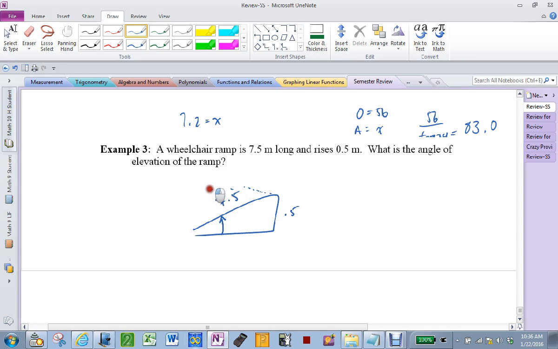Now, if I finish this rectangle and I put a red line there, a green line there, a black line there, and a gray line there, what is the only one of those that is an angle of declination or depression? Gray. The gray one.